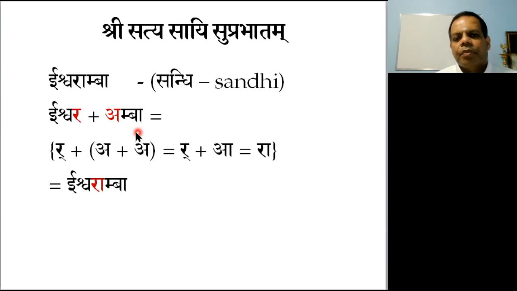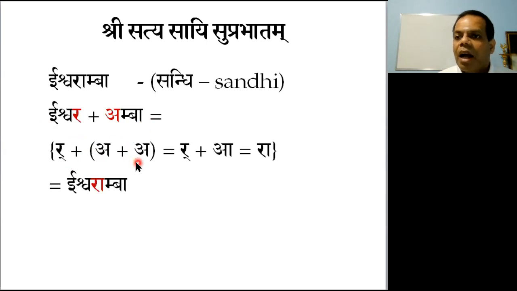Ishvara, Amba. What happens is when you put 2 words together, they are joining. When they join, there's a joint. So there is some change which takes place. We are going to look at what that change is. This ra comprises 2 letters, a consonant r and a vowel a. And here the next word is starting with the letter a.